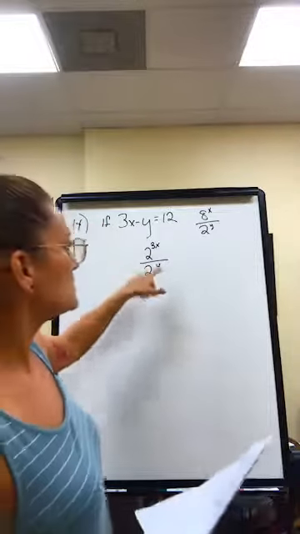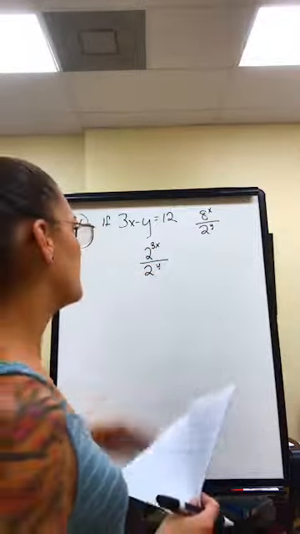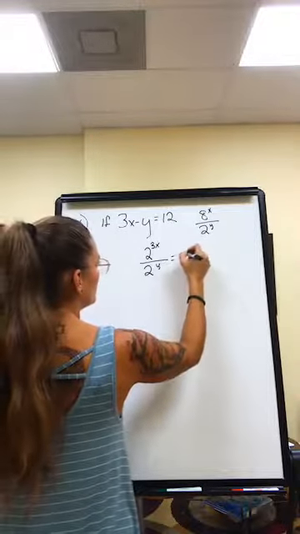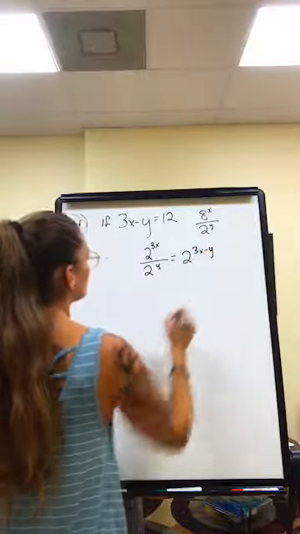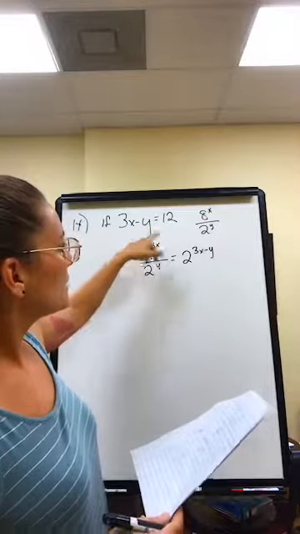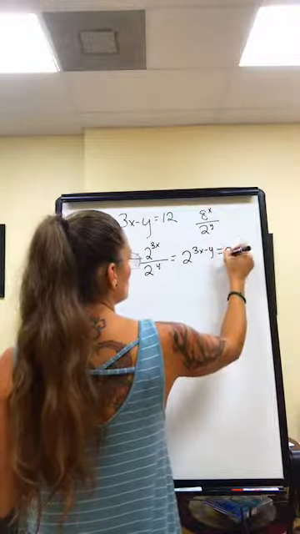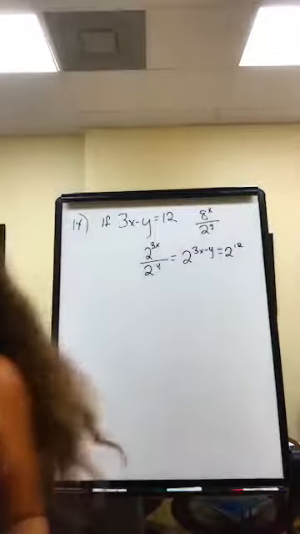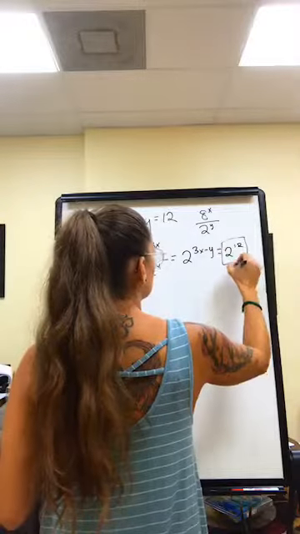So what we can do is we take the exponents, 3x minus y, and we keep just one base, 2. So this is just going to equal 2 to the 3x minus y. And we see in the beginning they gave us 3x minus y equals 12. So that just equals 2 to the 12th. And that's choice A. That's our final answer.